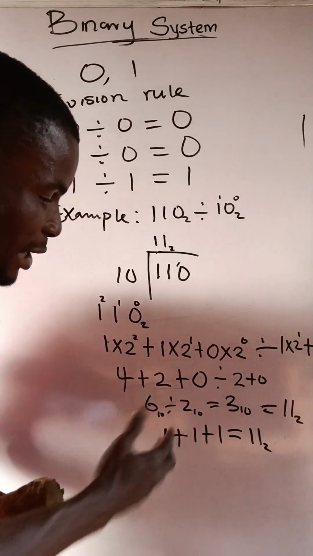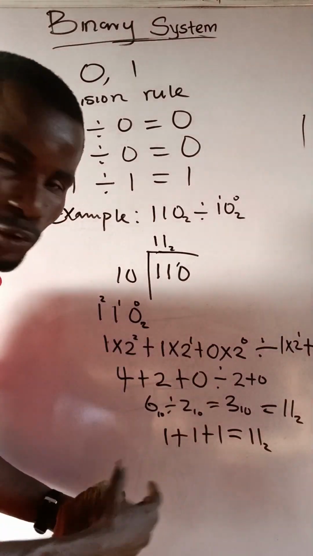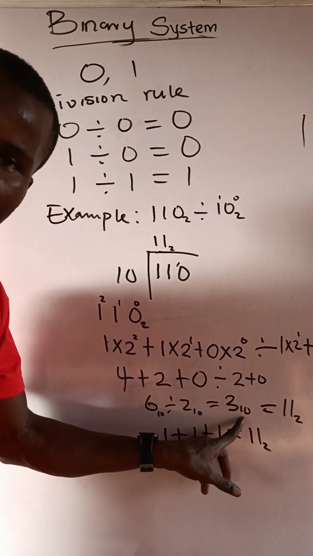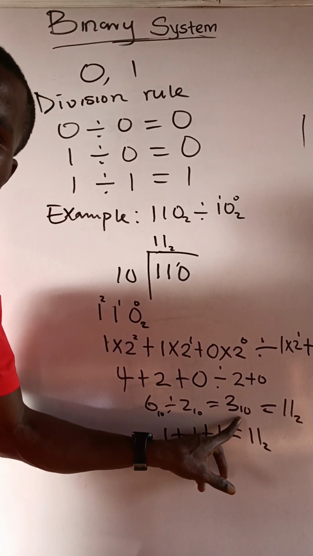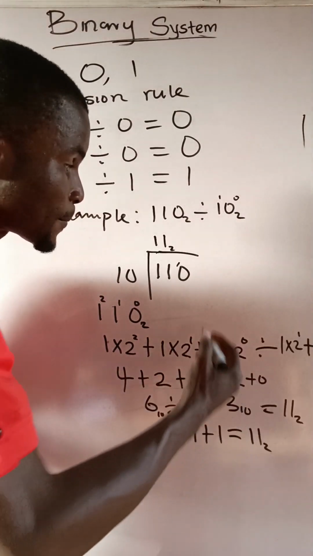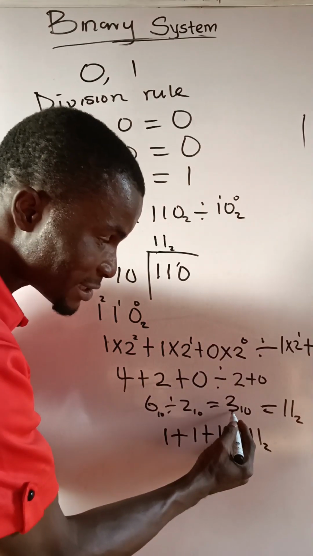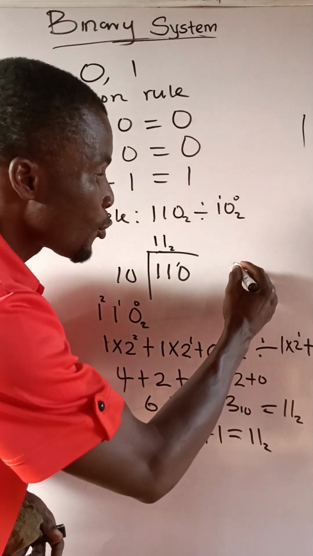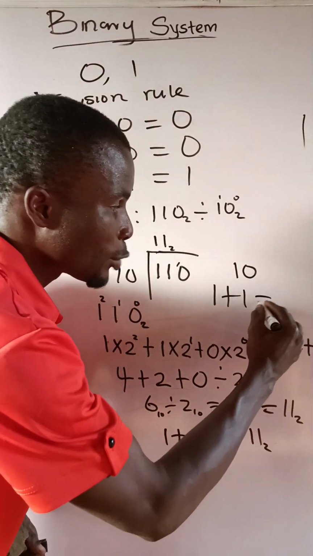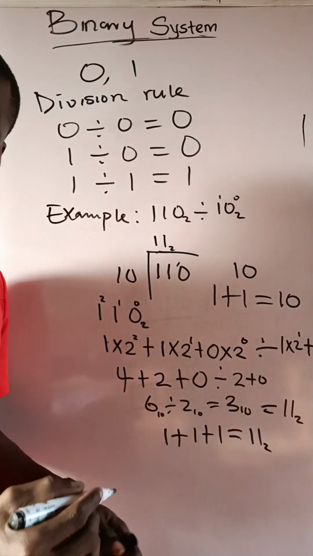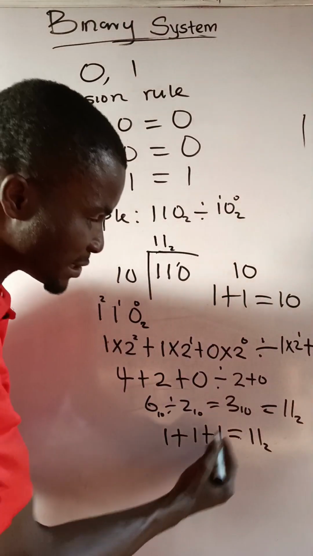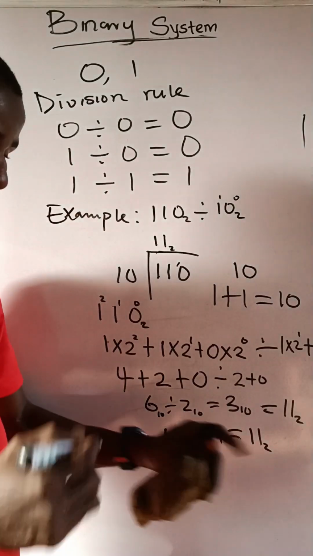And if you solve a question they gave you and you got 2 base 10, I told you in binary, to convert 2 to binary, it means 10. Don't forget, I told you 1 plus 1 equals 10. Hope you understand. So if it is 2, that means it's 10, while if it is 3, that means it's 11 base 2.